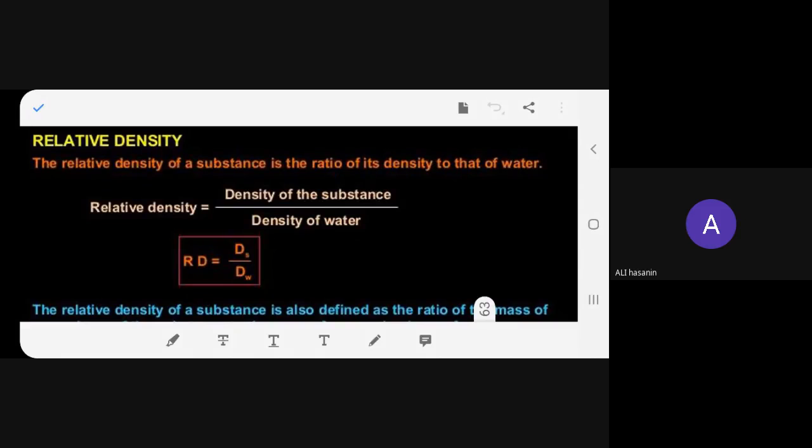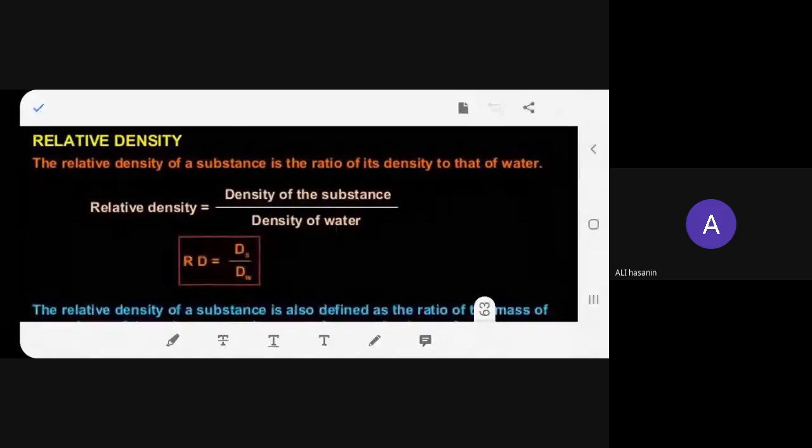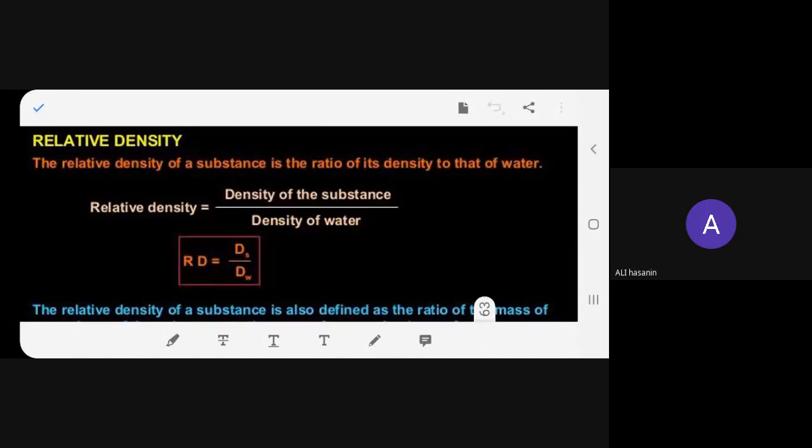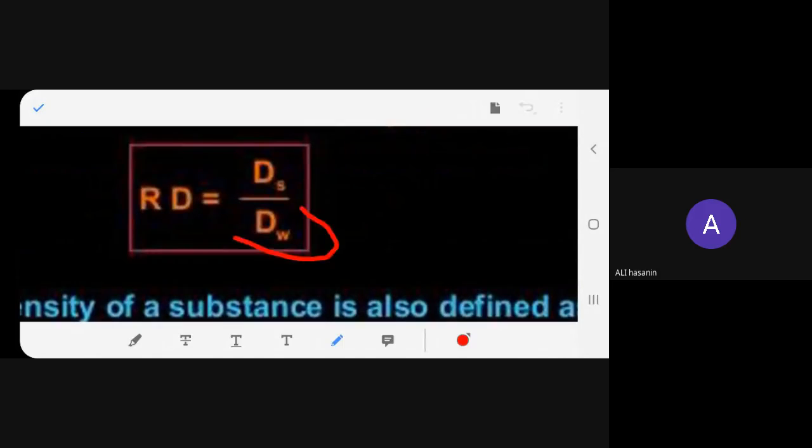RD is equal to ds upon dw. So what reference am I taking? Density of water, isn't it? I'm comparing it with the density of water. Take any substance and then we compare it with the density of water.